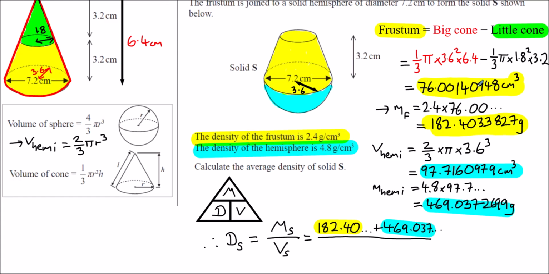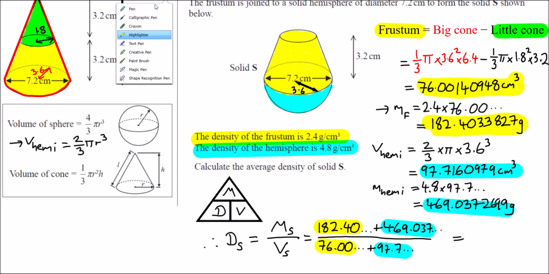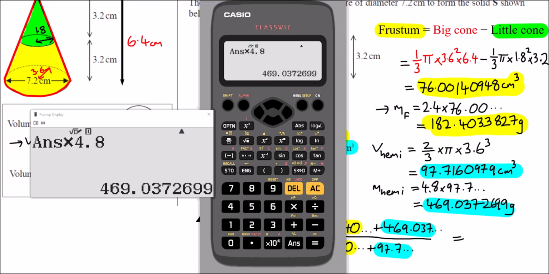So the volume of the frustum is this 76.00 number at the top, and then the volume of the hemisphere is this 97.7 so on number from here. So be careful as we type it into our calculators, and we will get the correct final answer with a bit of care.